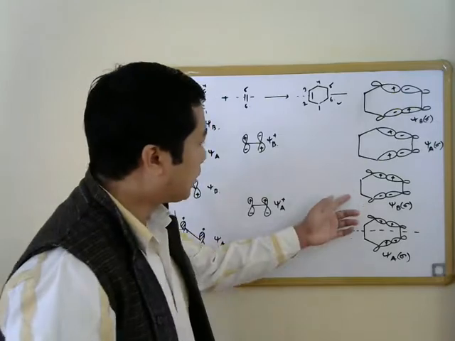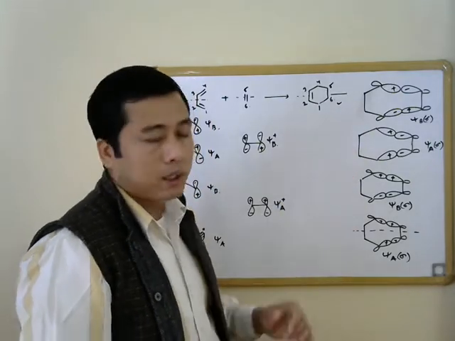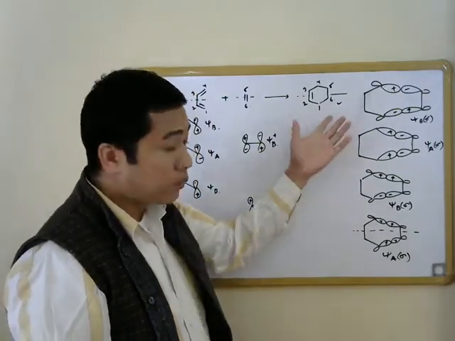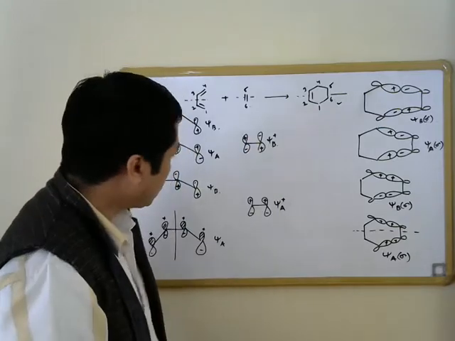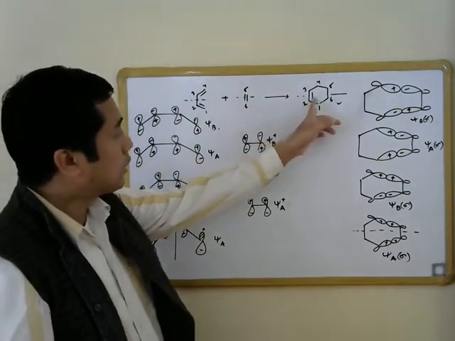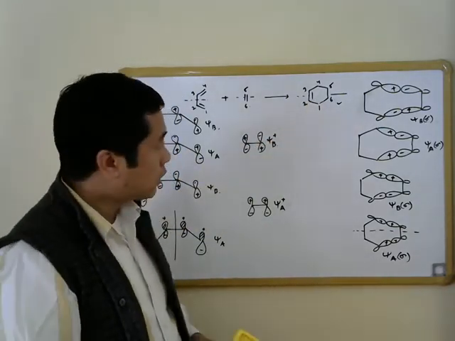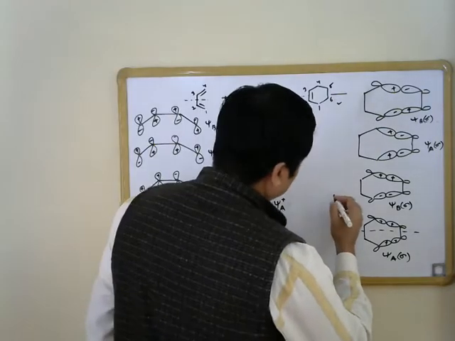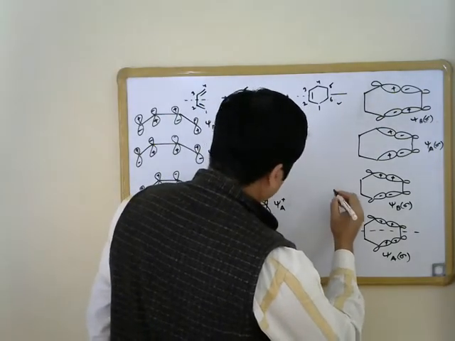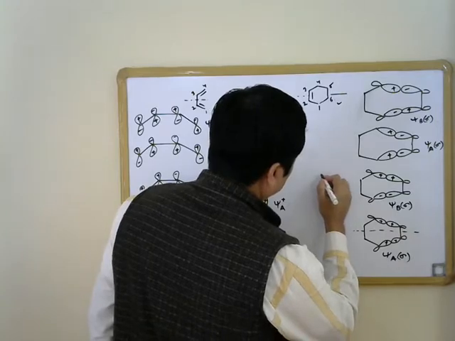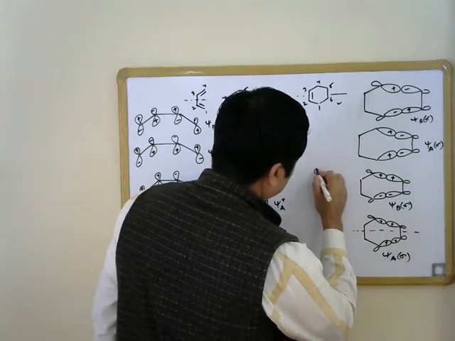So we see these are the bonding molecular orbitals, and these are the sigma anti-bonding molecular orbitals in the product. And now also for the pi molecular orbitals, we can draw these pi molecular orbitals in the product.